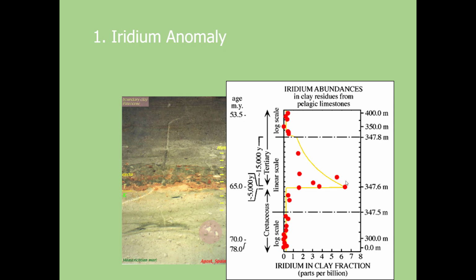And then you can see, boom, this huge but brief input of iridium. And then you see basically 2 decimeters here of iridium as it decays back to background level. So right in the boundary layer, right in that ejecta horizon, there's over 300 times more iridium than we see above or below the event.